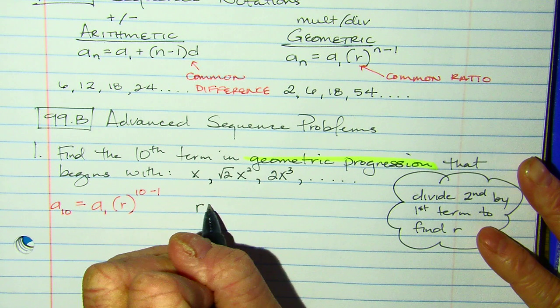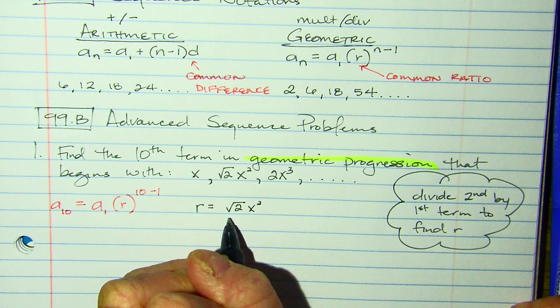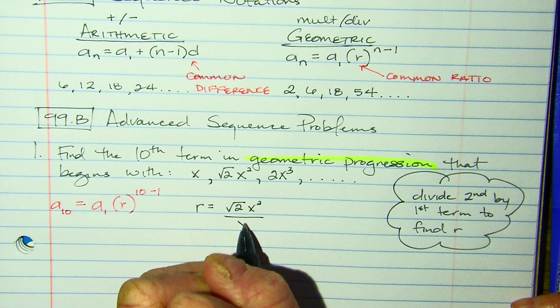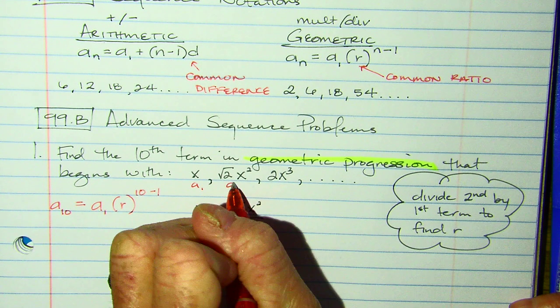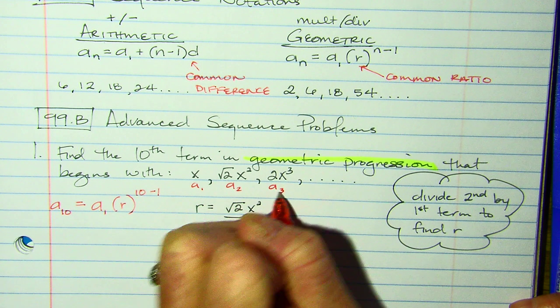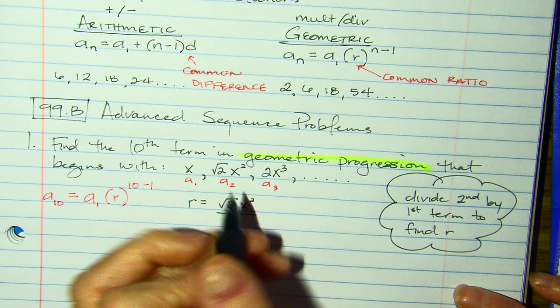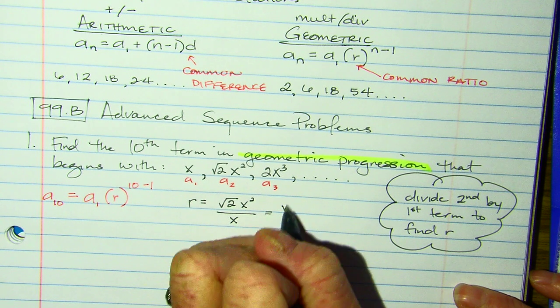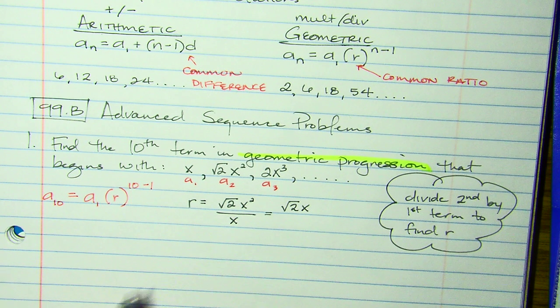So r will equal the second term divided by the first term. So here, this is a1, this is a2, this is a3. I'm dividing the second term by the first, and if I simplify this, I get root 2 x. So this is my r value.